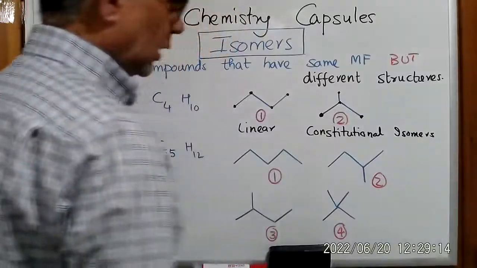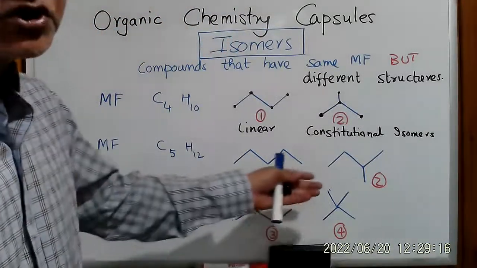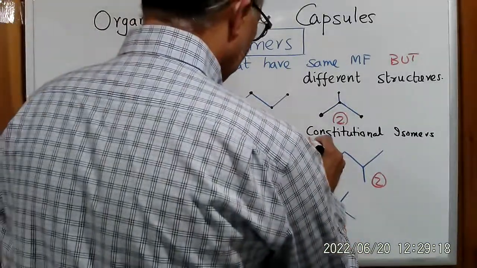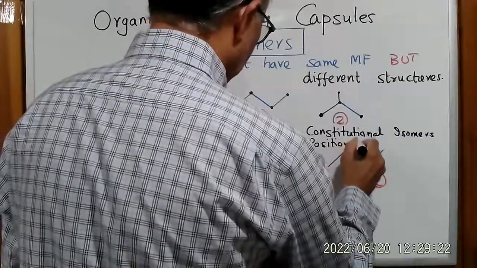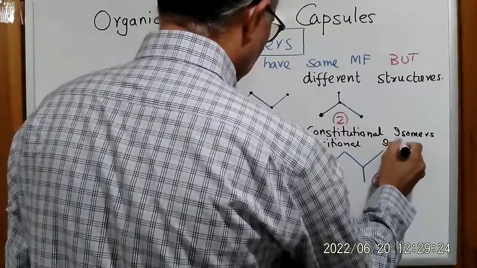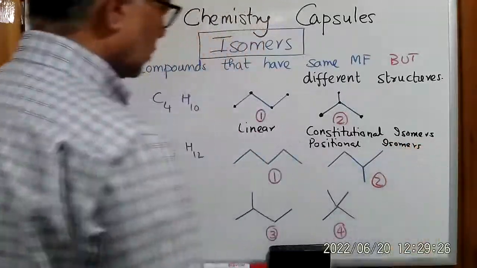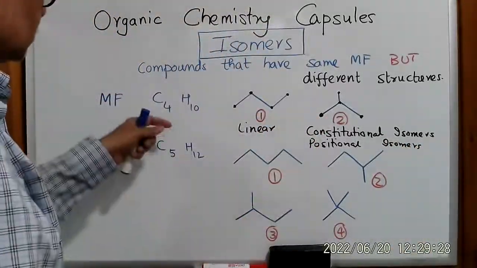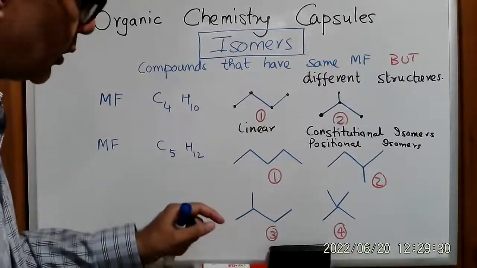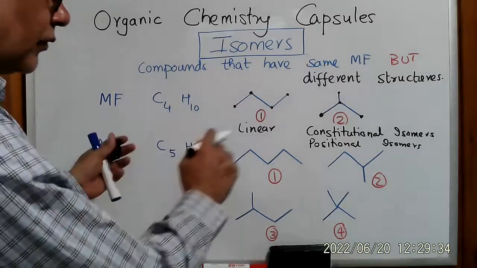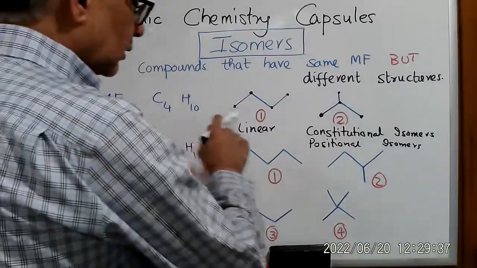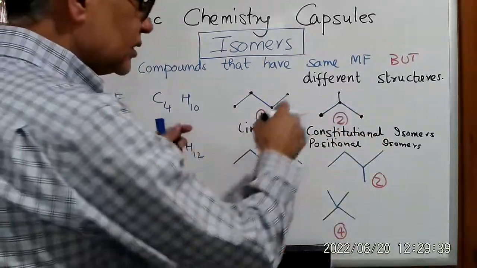Constitutional isomers, or positional isomers. Compounds 1 and 2 are constitutional isomers that have the same molecular formula. The only difference is the carbons are connected differently.